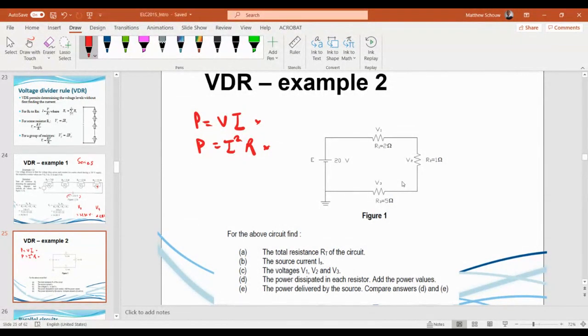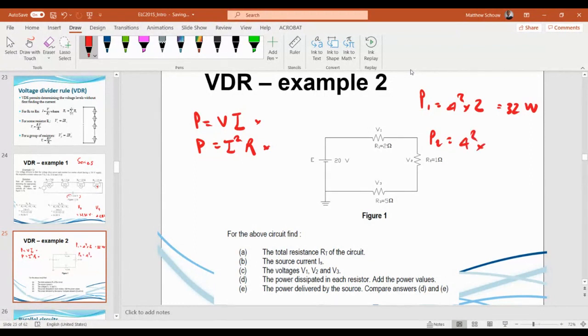Okay, so before I actually do this, we'll do D. So P1 is going to be I squared, which was 4, if I'm correct. I just can't remember now. 4 squared times 2. That's 16, that's going to be 32 watts. P2 is going to be 4 squared as well.